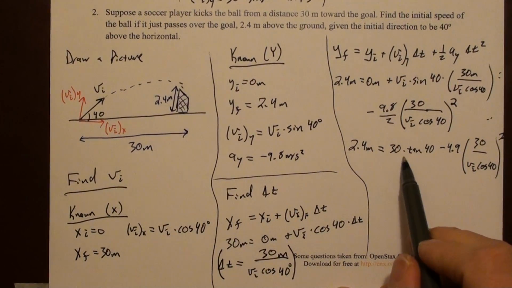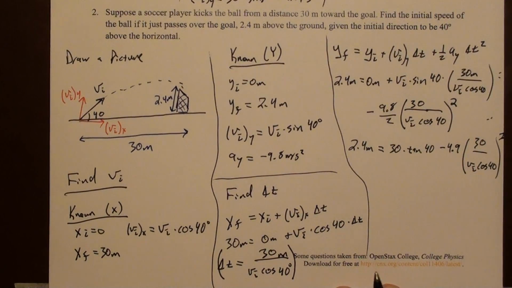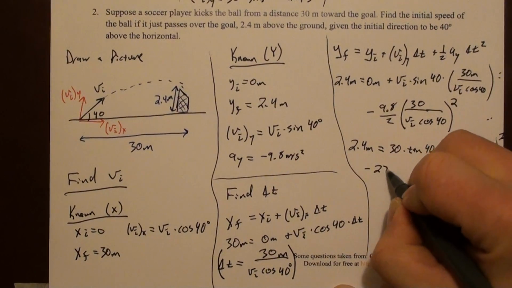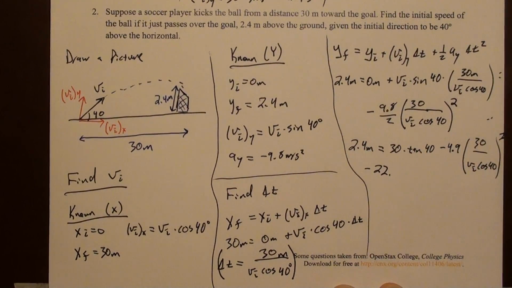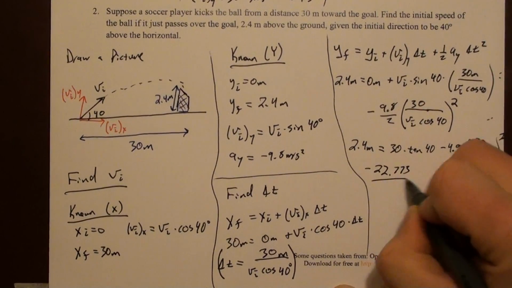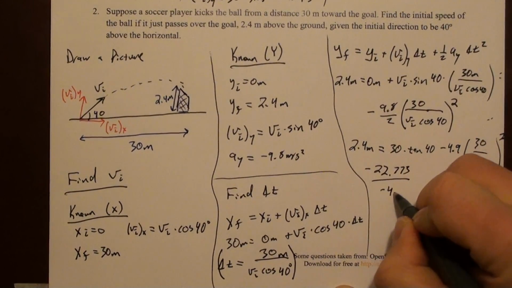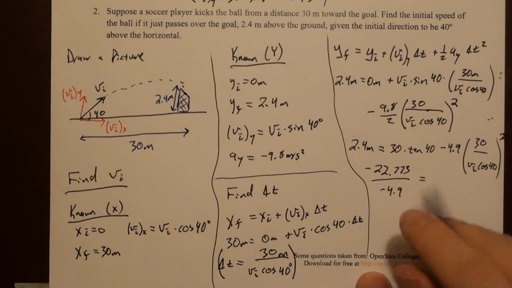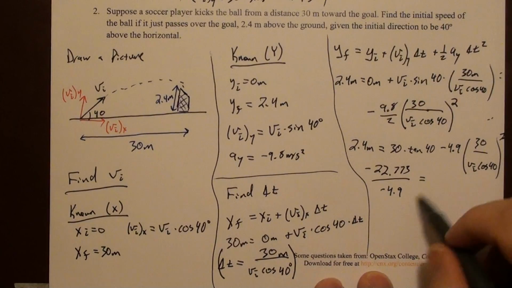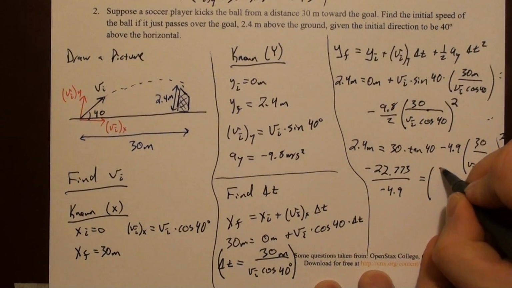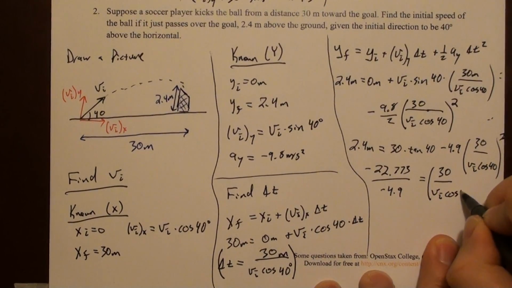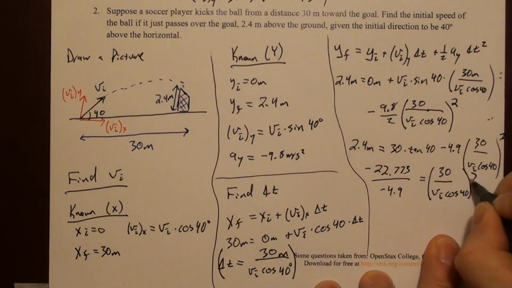Okay, so if I subtract this over, I think I end up with minus 22.773. I can divide this 4.9 over and the negative, and that gives me this expression is equal to 30 over v initial cosine 40 all squared.